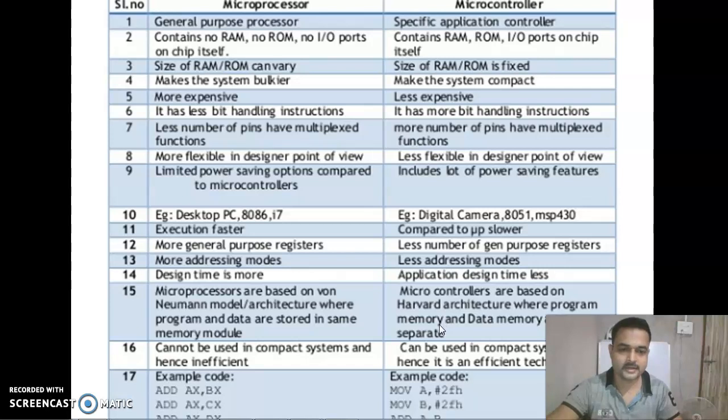So program memory and data memory are separate, and due to this the instruction execution time is very low. Here the execution time is more because where we write a program, there we save the data. So execution time is very low in Harvard architecture.